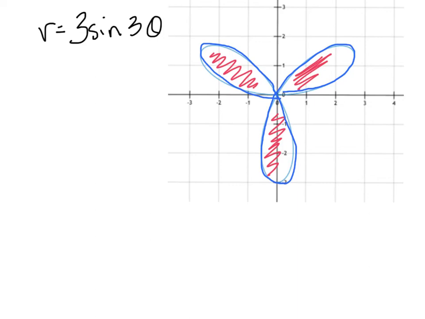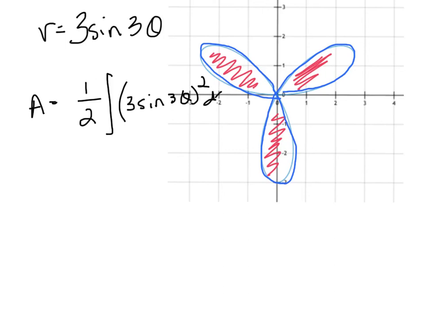Now there are lots of ways to figure that out. I'm going to talk about that later in a video, but essentially it really is then as easy as saying, well, the area is 1/2 the integral of 3 sine 3 theta squared d theta.